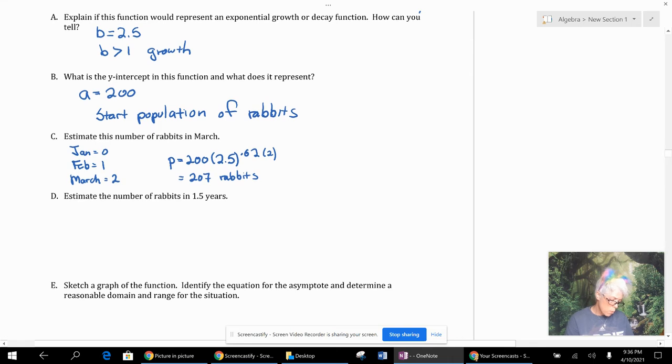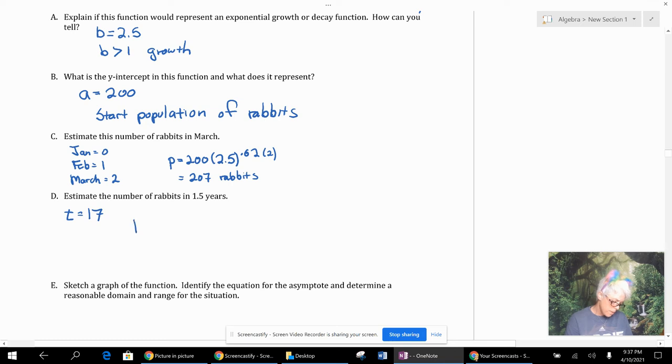Now it wants to know in 1.5 years. I wouldn't expect you to necessarily be able to figure this out, but think about it. If January is 0, then 1.5 years is not going to be 18 months, which would be your first guess. Because January is 0, the time is actually going to be 17 months.